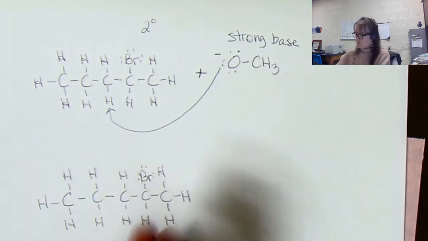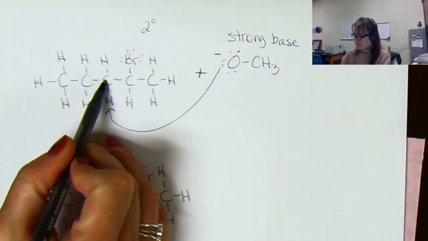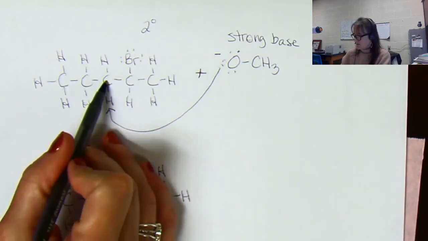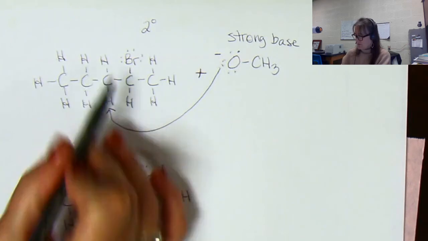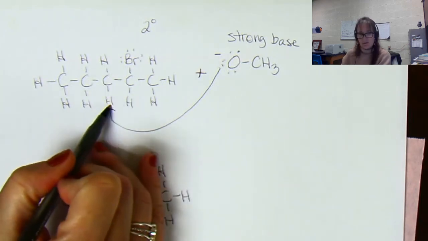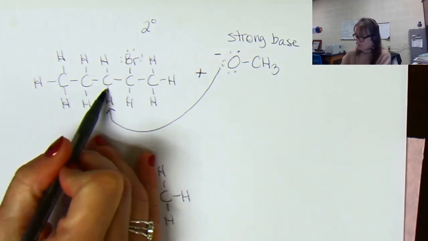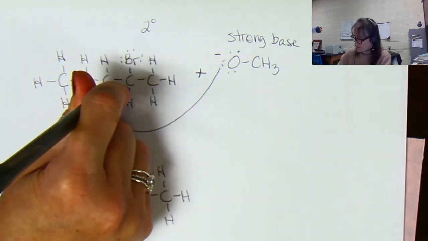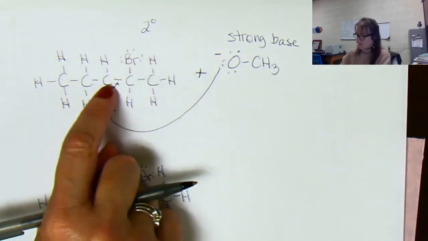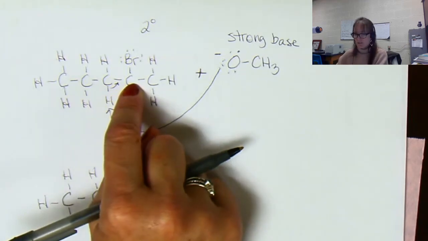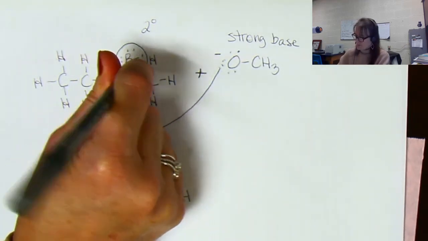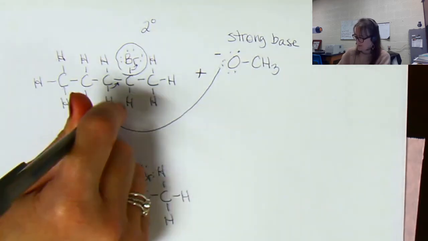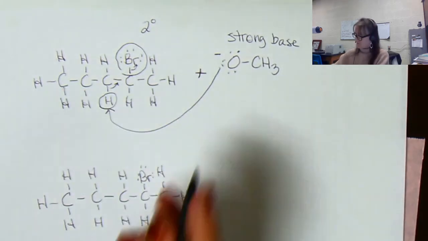So in an elimination reaction, you go to the adjacent carbon, and in this case, you're going to go to a carbon that's on the interior that has less hydrogens, and you're going to remove the hydrogen. When the hydrogen is removed in an elimination reaction, those electrons go between the adjacent carbon and the carbon that has the leaving group. So here's my leaving group. It's going to leave. So this is the hydrogen that is going to get removed right there.